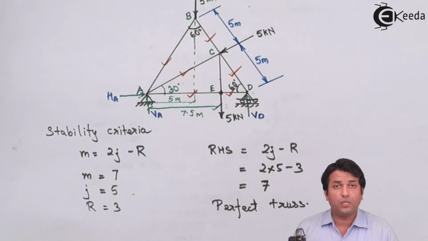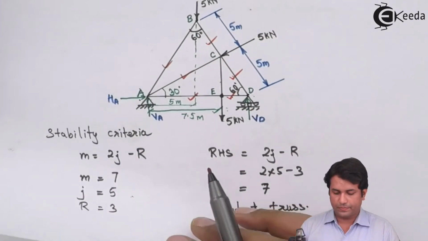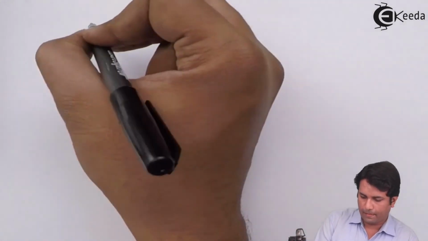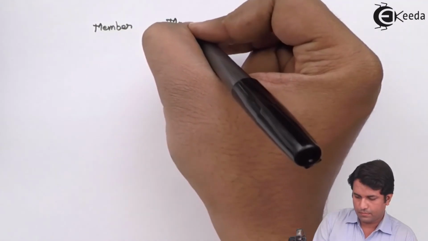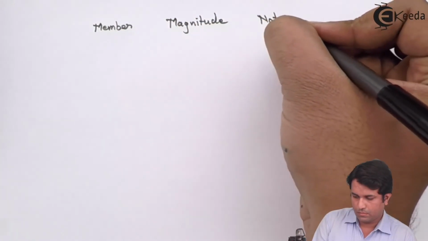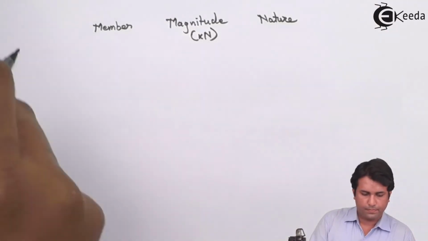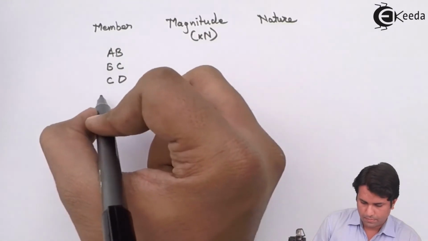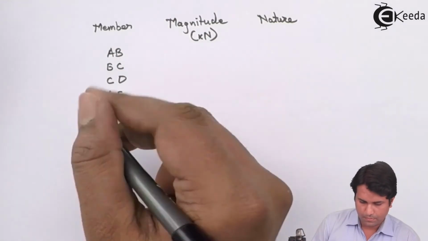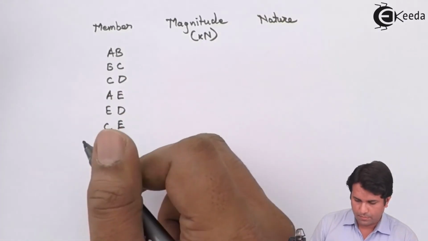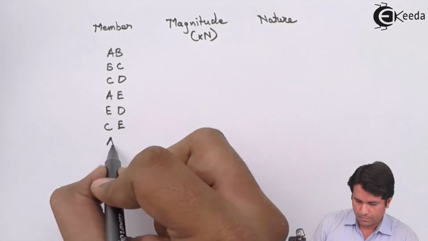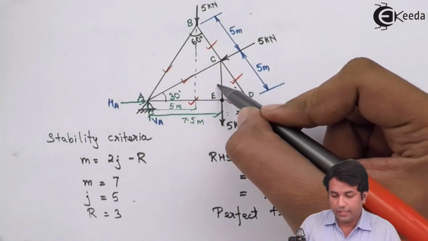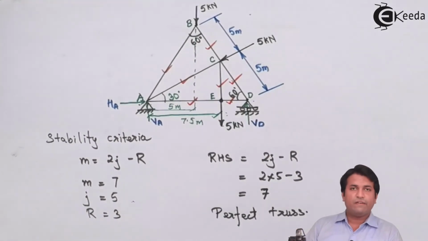So I have already calculated this force as well now. The last step that I need to do is tabulate all the results. By observation, we had already calculated the force in member CE, that was 5 kilonewton.